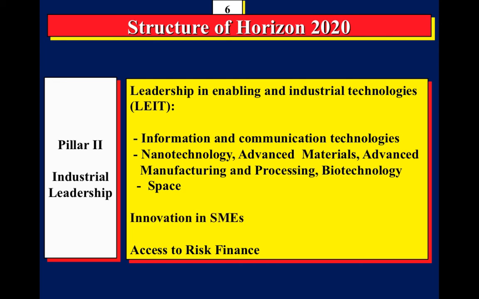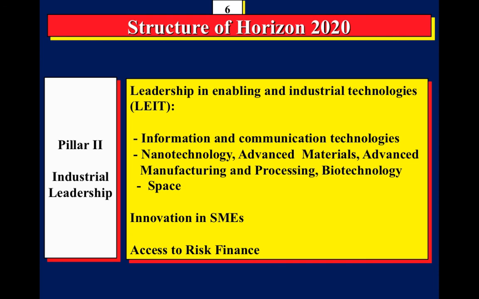Innovation in small and medium-sized enterprises is about providing support services for companies that participate in Horizon 2020. But this program also looks at studies into the whole area of entrepreneurship and on high growth companies. Access to risk finance looks at 2 main things.